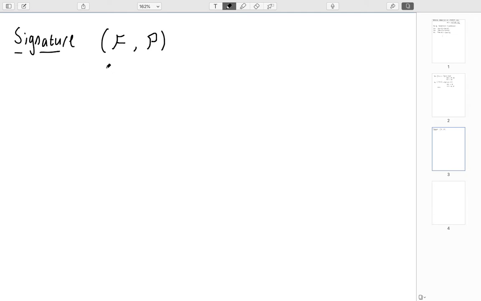So this is the set of function symbols and this is the set of predicate symbols.